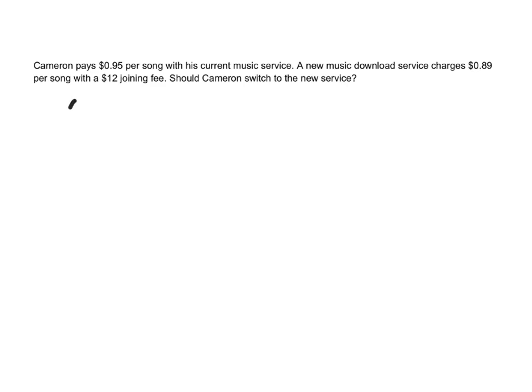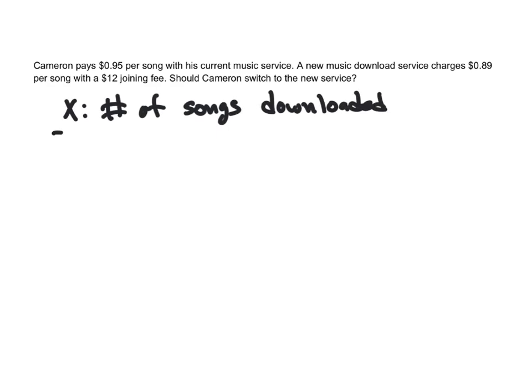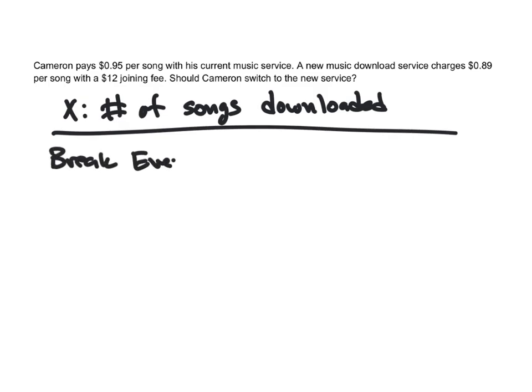So let's do this. What we don't know is the number of songs downloaded, and we're really trying to find what we call the break even point. So if I look at this as plan A, which costs 95 cents per song with the current music service, that's the first one.